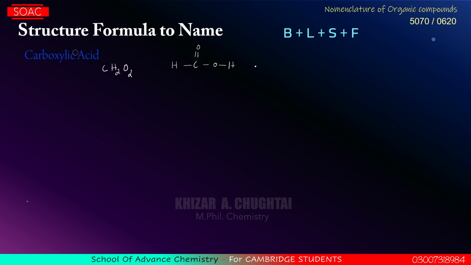So this is said to be a one carbon acid, and as there is one carbon, there will be no branch, just the longest chain, in, and functional group. In case of carboxylic acid, we use the word oic acid. The ending, the suffix used is oic acid.